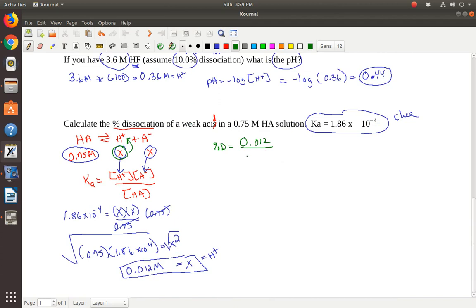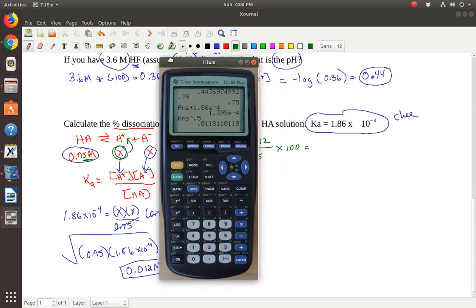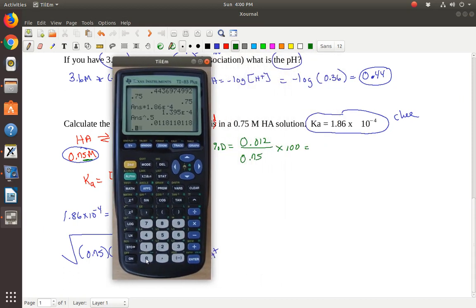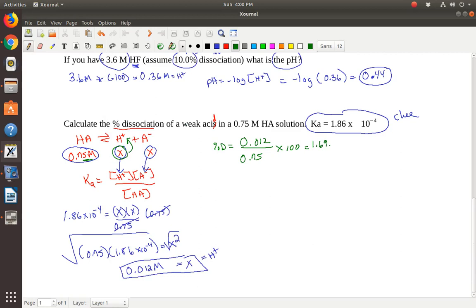The acid concentration was 0.75, because that's it right here. So 0.012 divided by 0.75 times 100, and that's 1.6%. Only 1.6% dissociation.